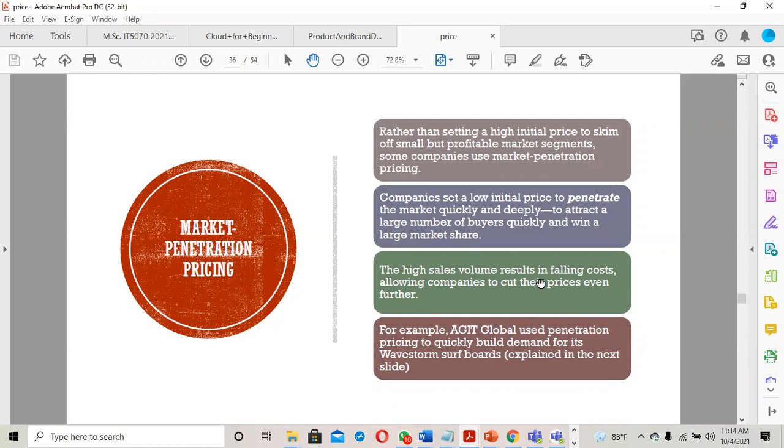Rather than setting a high initial price to skim off small but profitable market segments, some companies use market penetration. Companies set a lower initial price to penetrate the market quickly and deeply. So more and more people are going to buy the product because it's a low price. The high sales volume results in falling costs, allowing companies to cut the prices even further.